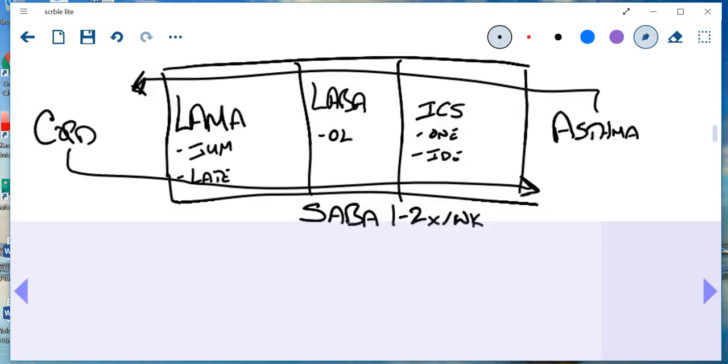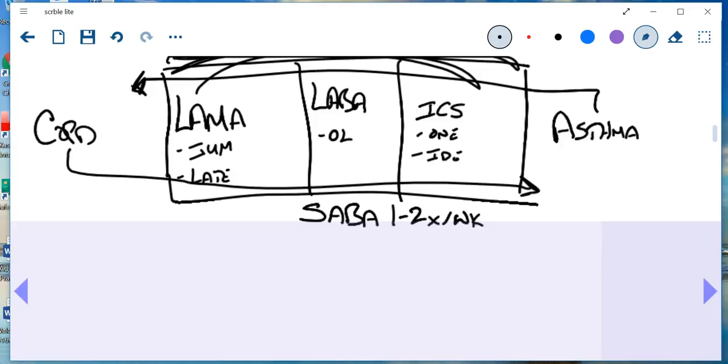And yes, in case you're wondering, they are working on medication that would actually encompass all three of these, which I'm sure will be ridiculously expensive when it hits the market. So again, that's a quick down and dirty rundown on inhalers and their use in asthma and COPD.